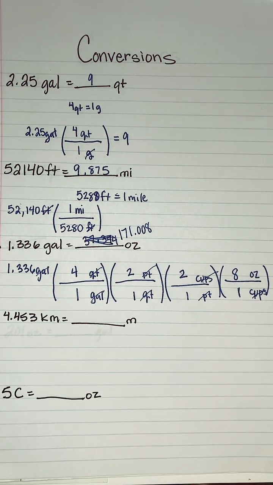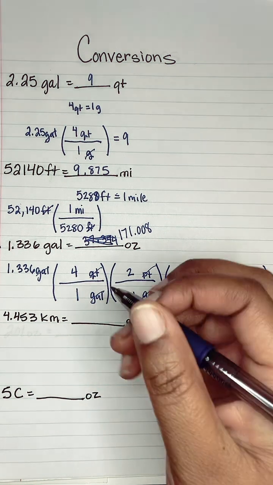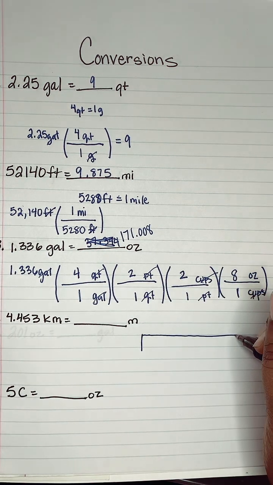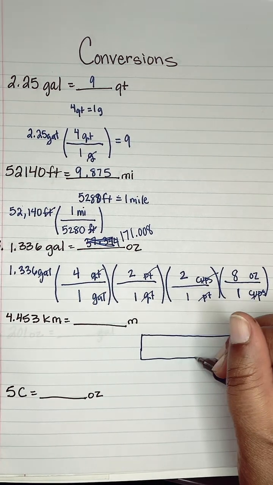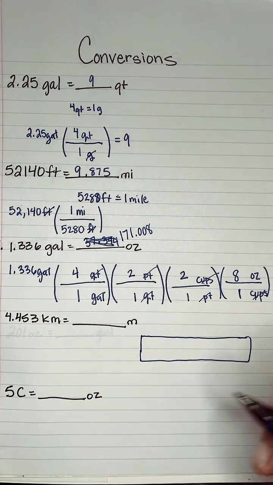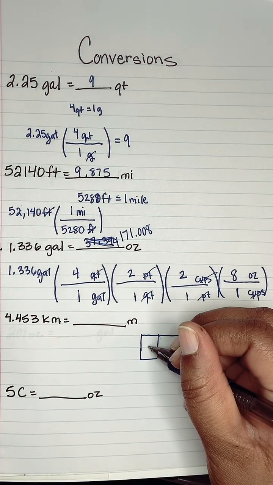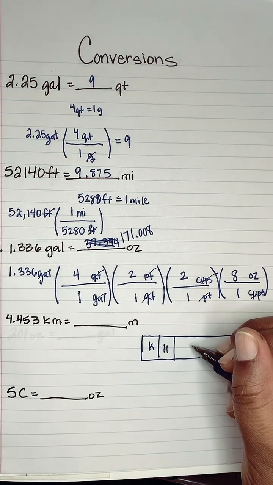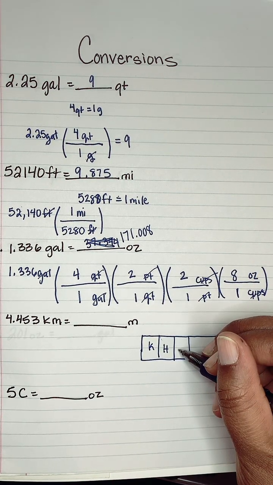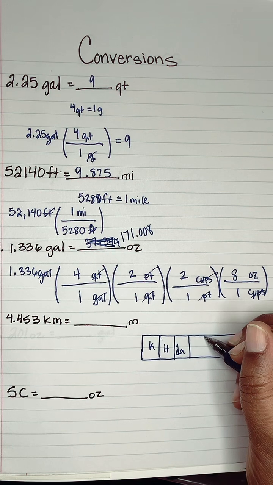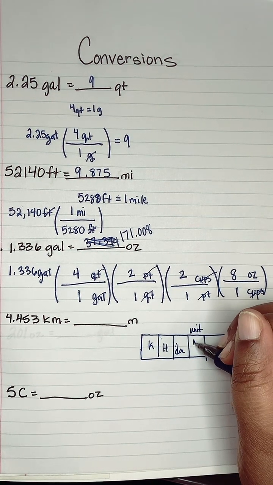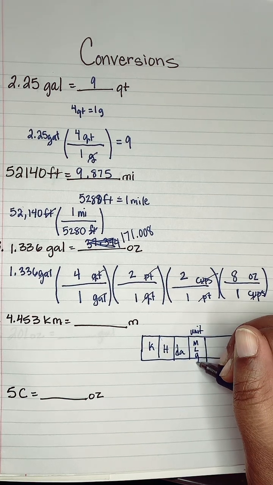Okay, so there's multiple ways that we can do this. Has anybody seen this little chart? They recommend that you, if you're doing conversion, start with kilo, then hecto, then deca. Here you would do the units, so it'd be meters, liters, or grams.